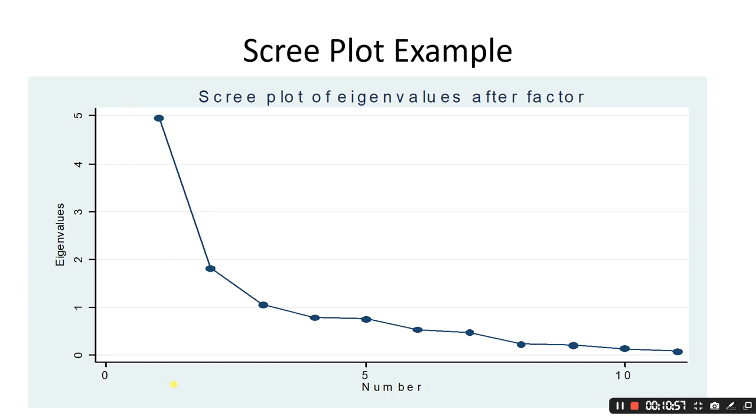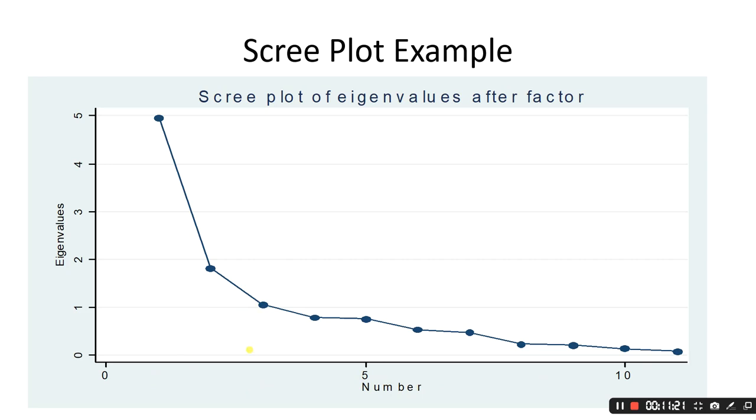Let me repeat it again, that in a scree plot we will plot the eigenvalues, and then we will determine the number of components above the scree. This is the scree, and for this we generally determine the elbow of the graph. But remember, sometimes the elbow is not that clear.